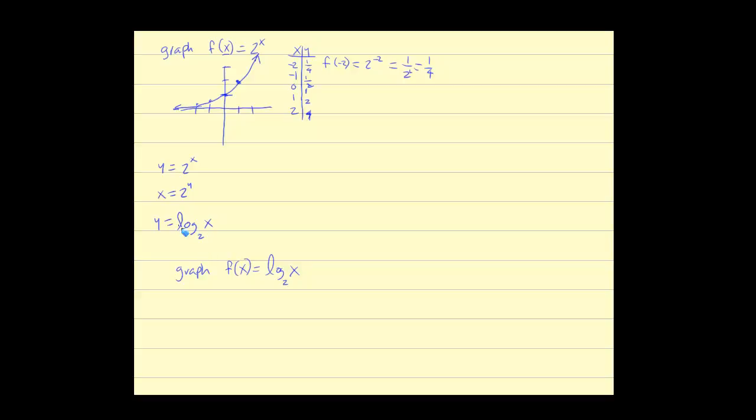Then this whole log is equal to the exponent, y. So the exponent up here is y, and the log is equal to that exponent. And then x here is called the argument. And then we can rewrite y as f of x. So this logarithmic function is the inverse of this exponential function.